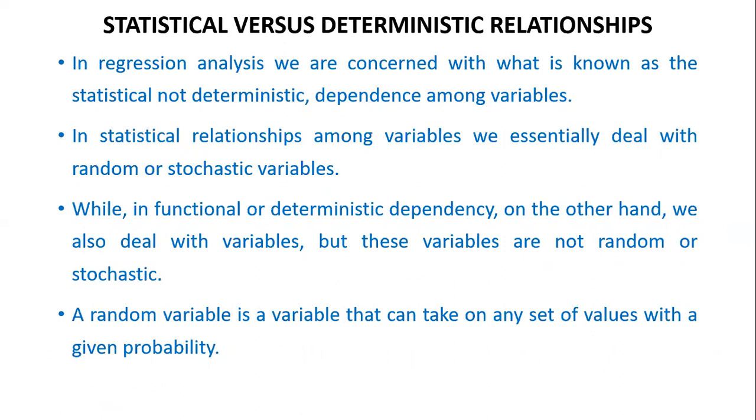In statistical relationships among variables, we essentially deal with random or stochastic variables, while in functional or deterministic dependency, on the other hand, we also deal with variables, but these variables are not random or stochastic. So what do you mean by a random variable or a stochastic variable? A random variable is a variable that can take on any set of values with a given probability.